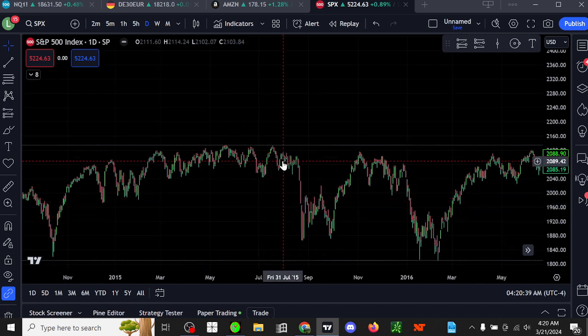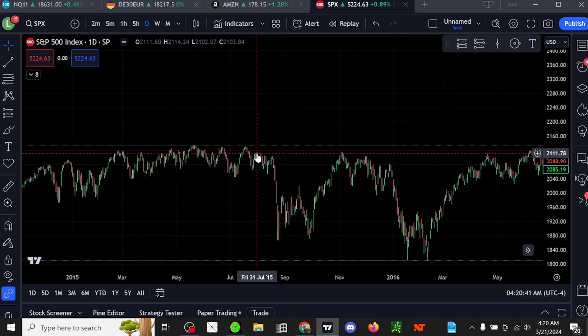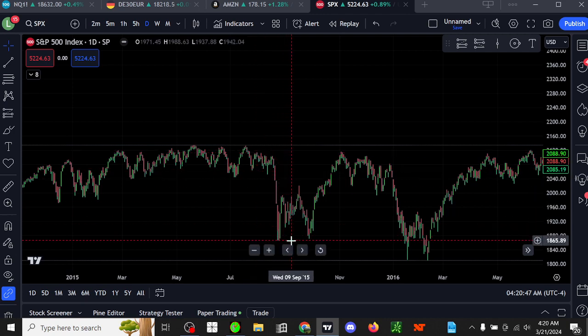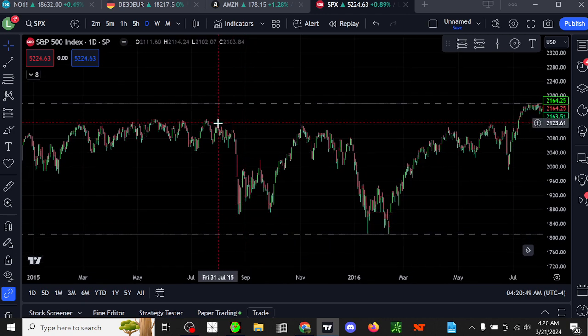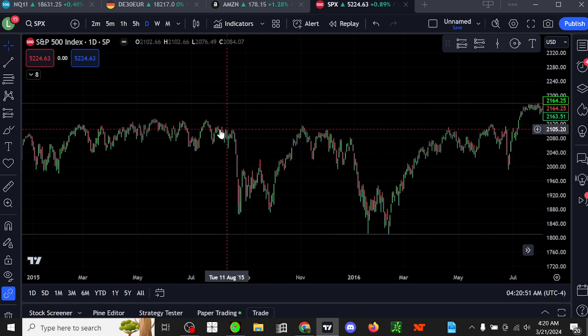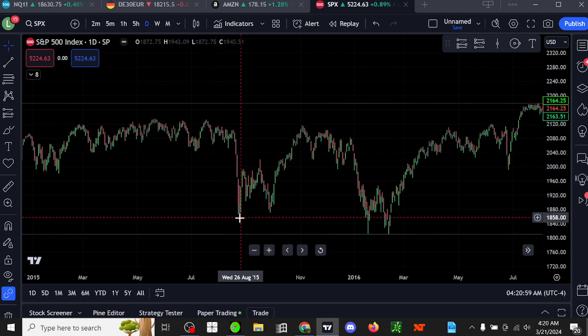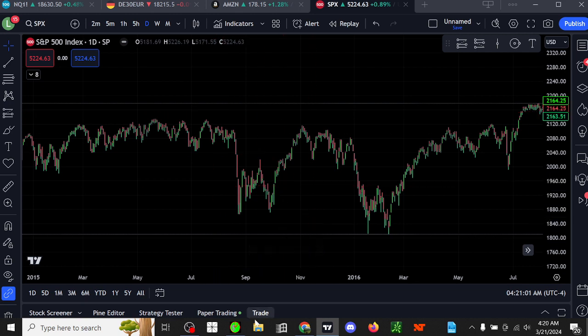It's right here. Guess what happened after that date? Shortly after, big crash in the market. It wasn't perfect to this date, but it was right around the high of the market. This was the real high, but it was within 2 weeks of it. So then there was a crash in the market. Okay, so this is a confirmed cycle.